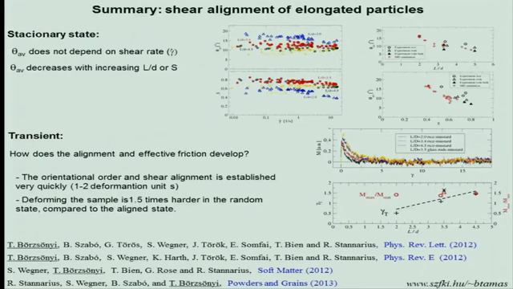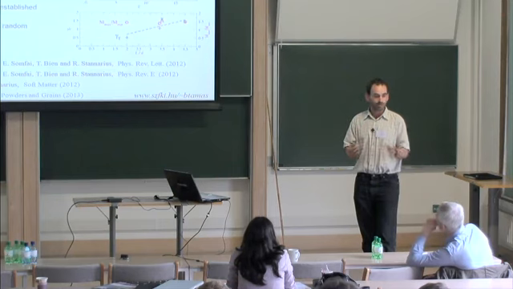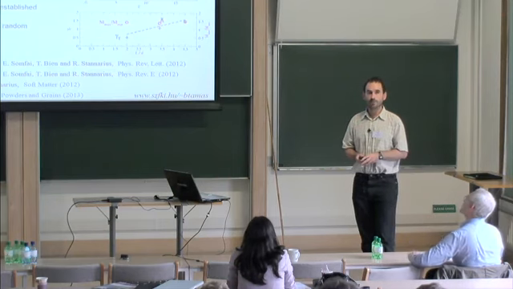But it decreases with the particle length to width ratio, meaning that longer particles are more in the direction of the streamlines. And that for the transient, we find that from a random configuration, this system evolves very, very quickly towards this shear-aligned case. You need to have only 1 or 2 unit deformations to be shear-aligned.